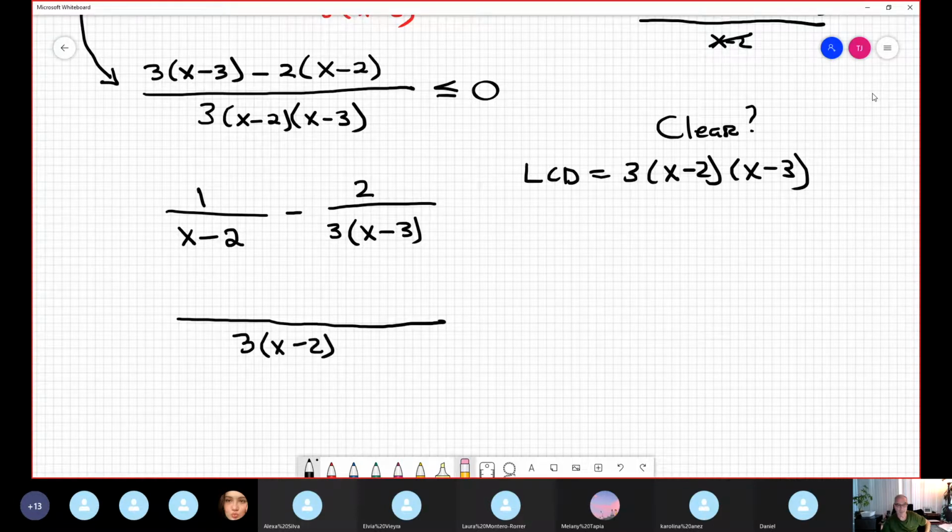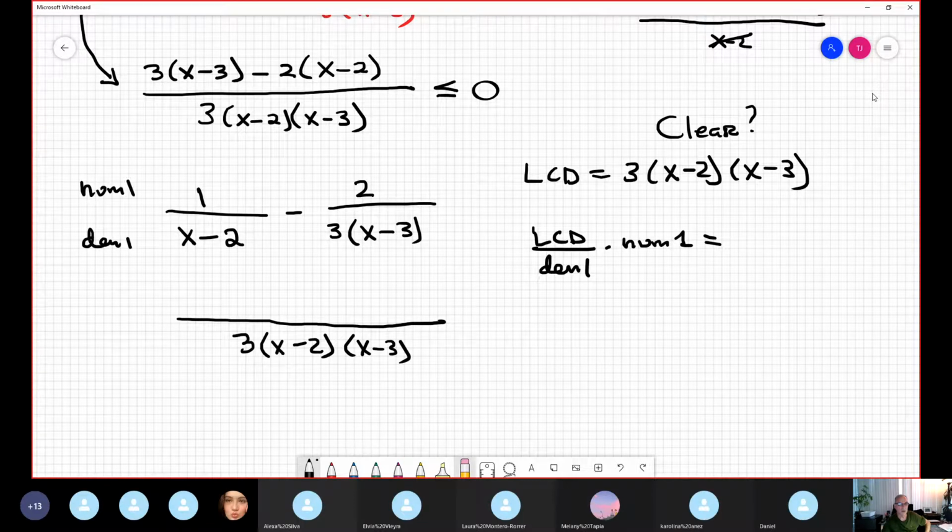Okay, so now the formula. What is the formula? The formula is easy. Look, you divide the LCD by denominator 1 and multiply by numerator 1. Who is denominator 1? This is denominator 1, and this is numerator 1, and this is denominator 2, and this is numerator 2.